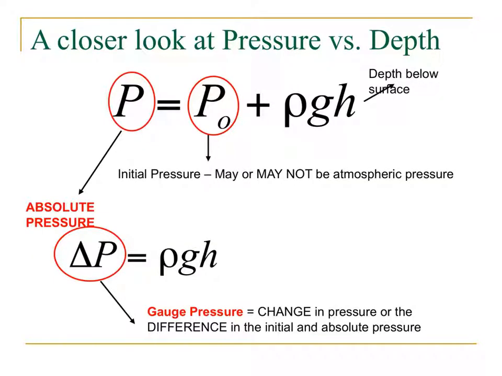So, a closer look, we would see our absolute pressure would equal our initial pressure, and this may or may not be atmospheric pressure, plus our density times our acceleration due to gravity times the depth below the surface. And here when we see the change in pressure, this can be a gauge pressure. So this is the change in pressure, or the difference between the initial and the absolute pressure.